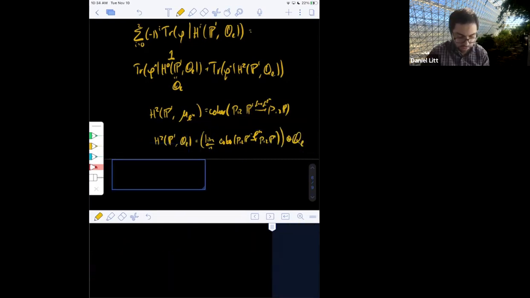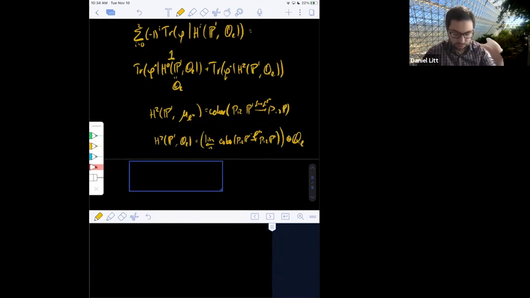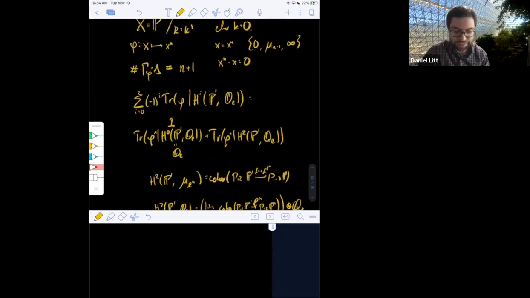This is the definition of étale cohomology with Q_l coefficients, or really Q_l(1) coefficients. Okay, so what does phi do to this? In order to figure this out, we have to figure out what phi does to a line bundle. So what does x goes to x to the n do to a line bundle?